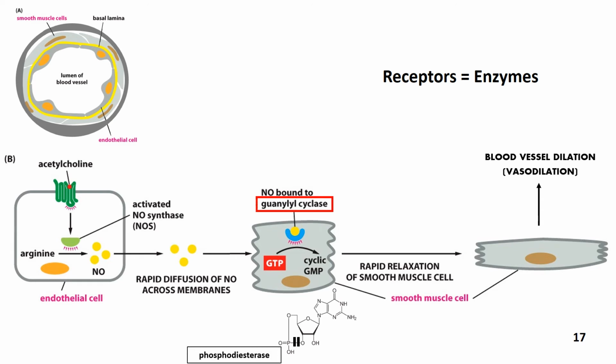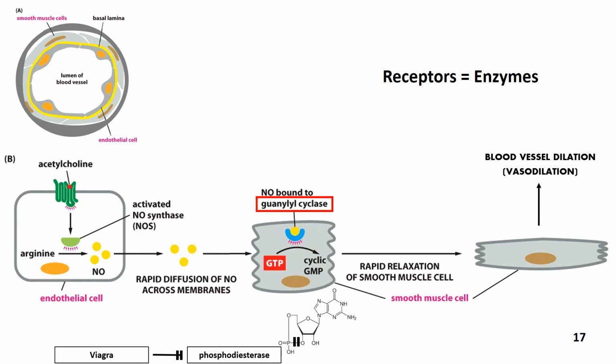An enzyme known as phosphodiesterase is able to cleave cyclic GMP such that it is no longer cyclic, creating GMP. GMP has no intracellular response, and therefore a smooth muscle cell would contract when phosphodiesterase is active.